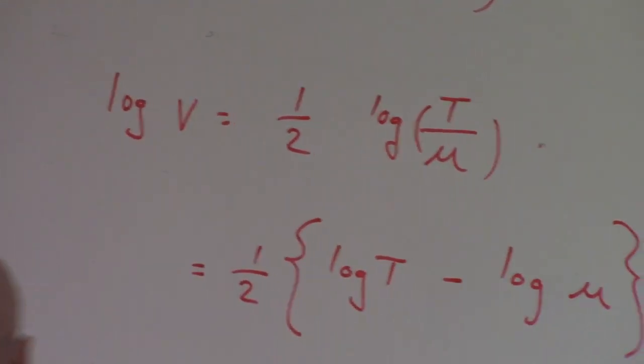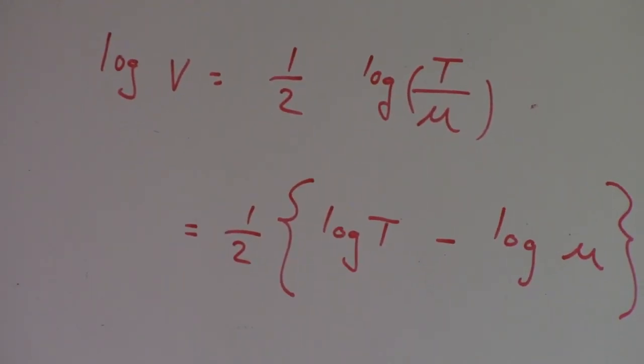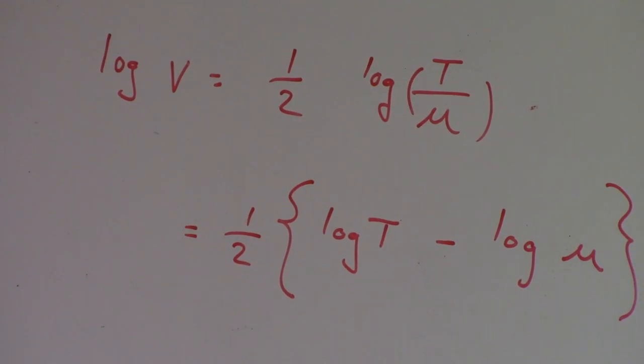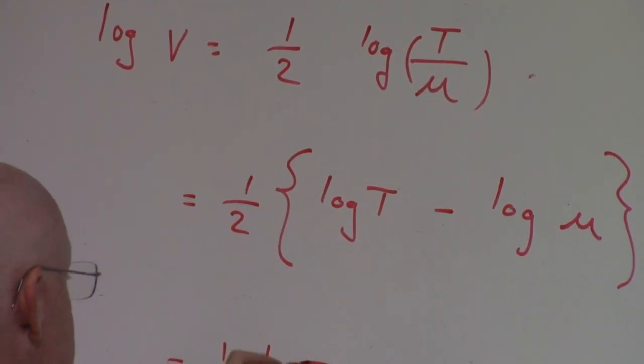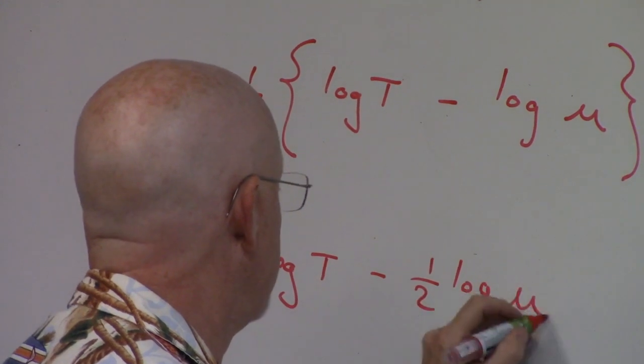So again, using those properties of logarithms, when you have a quotient, you can subtract the two logs. If you remember last time I was saying this, I listed it as a product, so we added the two logs. Now we're subtracting the two logs. And then, of course, if you do the distributive property, you have 1/2 log T minus 1/2 log of mass density.